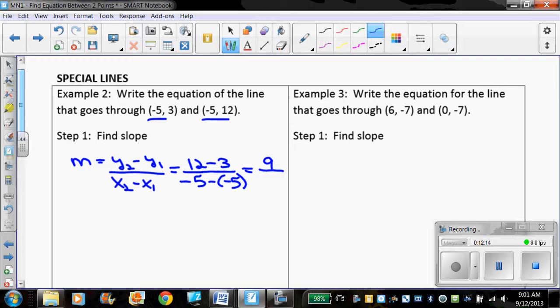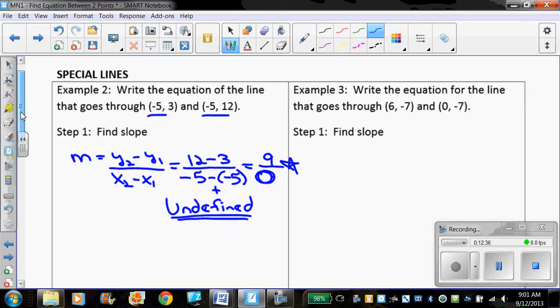And on the bottom, we have negative 5 minus a negative, which is just like saying plus. That's going to give me 0. That, my fine young ladies and gents, is a problem. Because if you have 0 in the denominator, that is a big flag. That means you have an undefined slope, which means that it doesn't exist.